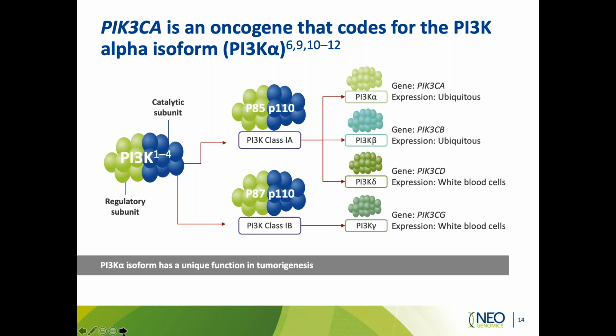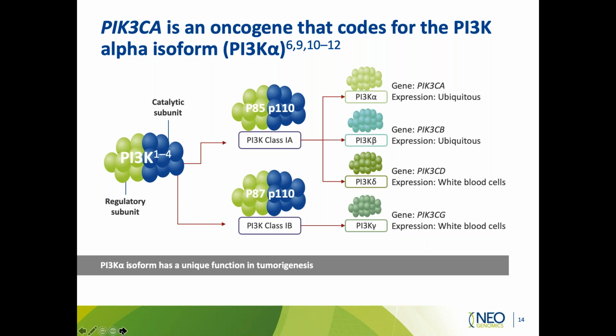And PIK3CA is an oncogene that codes for the PI3K alpha isoform. So let's talk about the PI3K molecules. Generally, they have a regulatory and a catalytic subunit.